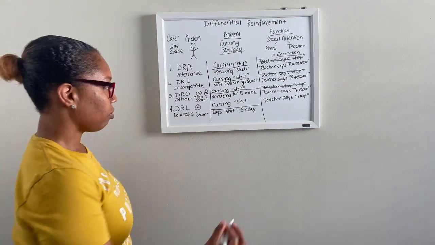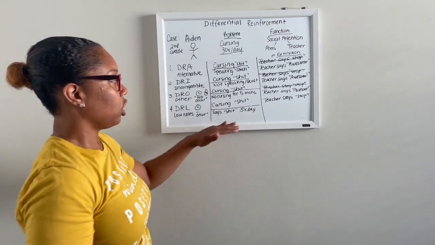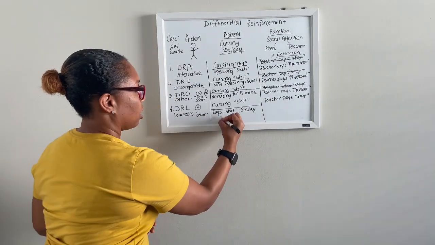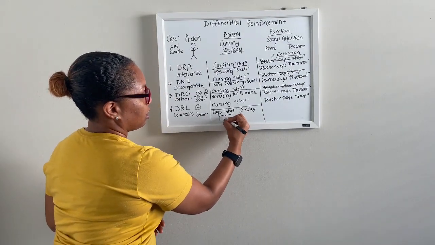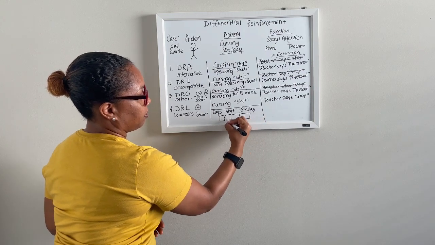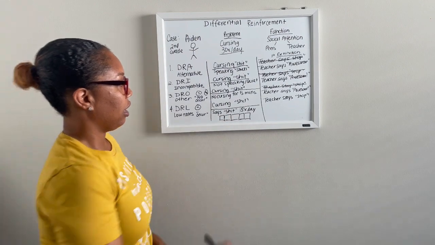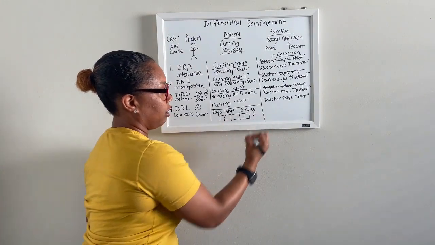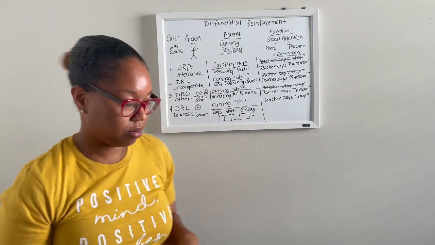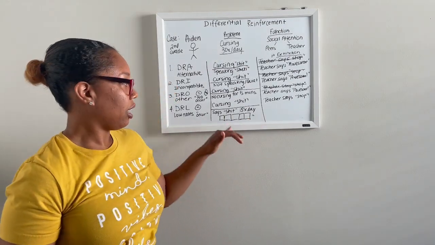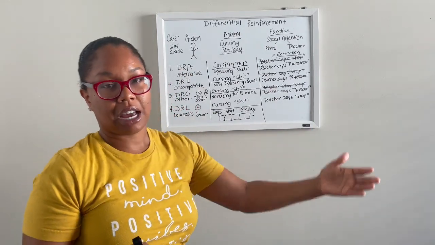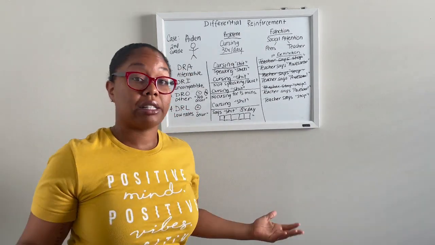Okay? And how I would do something like that is with a token system. So let's say he gets 5 tokens, right? And at the end of the day, let's say each token is worth 5 minutes. However many tokens he has left, that's the amount of time he will get to get attention.